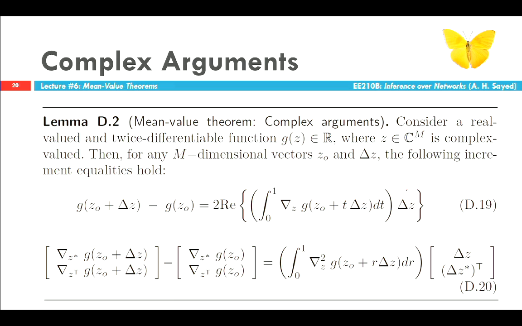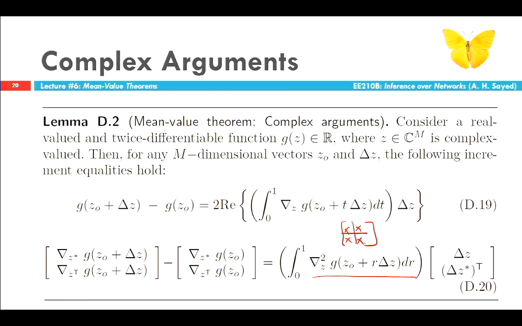But in the complex case, you have to extend your gradient vectors. And remember, the Hessian matrix itself is 2m by 2m, twice as large, right? So you have coupling here.